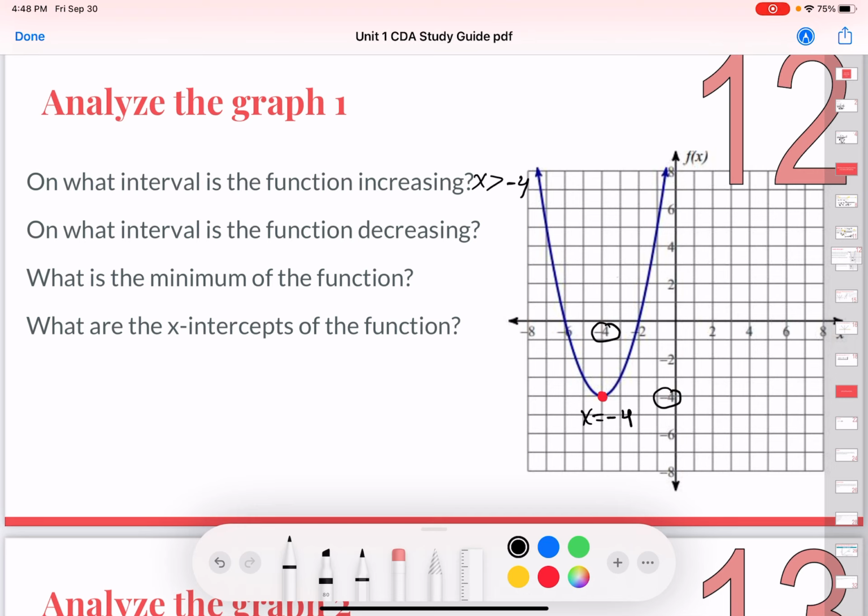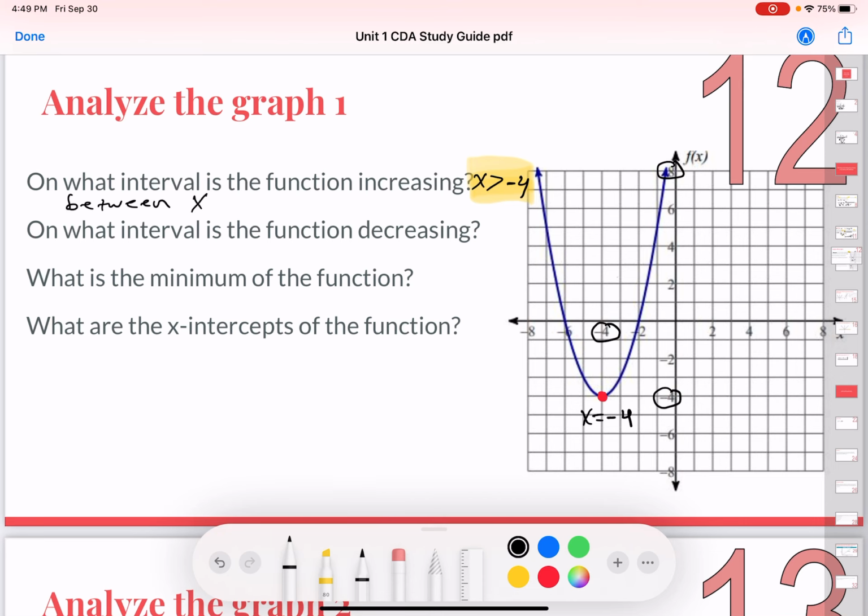You might see that it's worded between some x value and some other x value. In this case, this answer right here, x greater than -4, is going to be more accurate because I have an arrow showing me that it continues beyond what we can see. But just so you can get used to the wording, sometimes they'll say between x equals something and x equals something else.